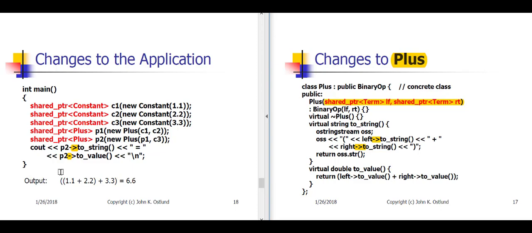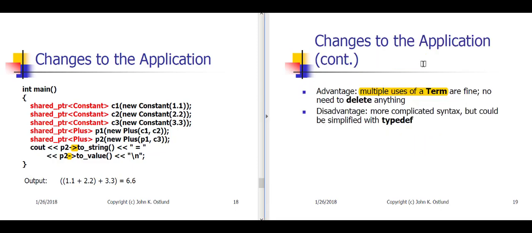And the destructor for the shared pointer will automatically do a delete of whatever dynamically allocated storage is being pointed to. So this is very nice because now we can have multiple uses of any term. We can use the constant C1 multiple times. We could declare a variable and use that multiple times, and so forth. And we don't have to delete anything. We just allow the shared pointer to clean up after itself.